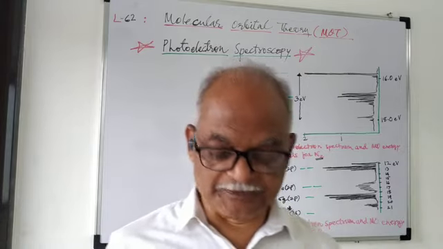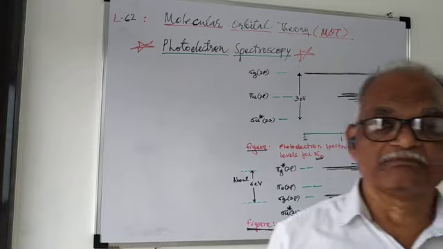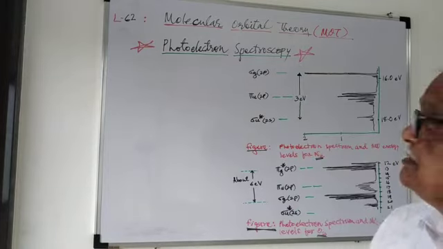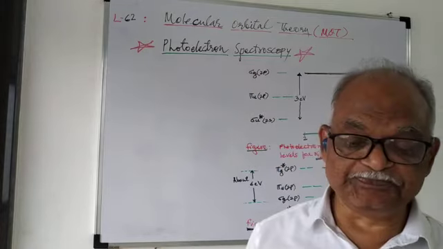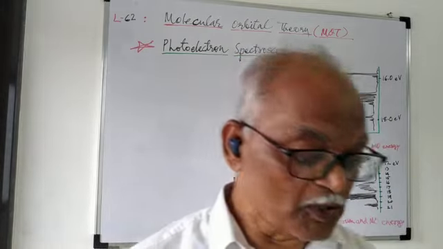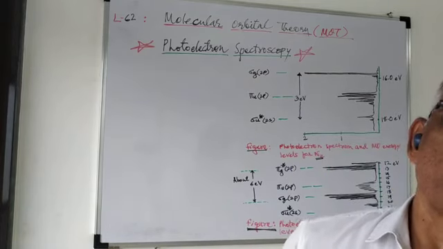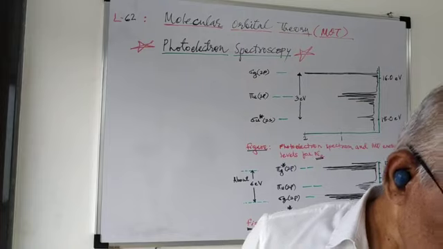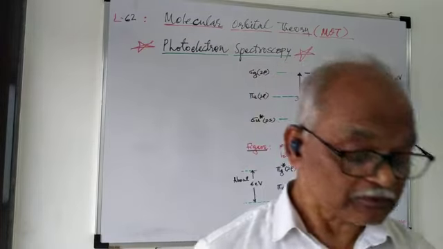We are discussing the molecular orbital theory. In this topic, we are considering photoelectron spectroscopy today. This photoelectron spectroscopy is the additional part which explains ionization energy.